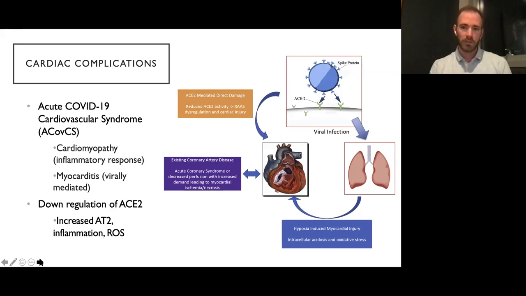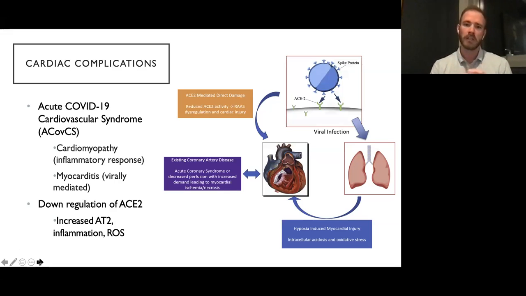On the cardiomyopathy side, again, patients with a high amount of inflammation tend to have more atrial dysrhythmias. Bringing both of these together, we can see that patients who have existing coronary artery disease are likely to have a higher mortality rate, simply due to a decreased perfusion with an increased demand, leading to more myocardial ischemia and necrosis.